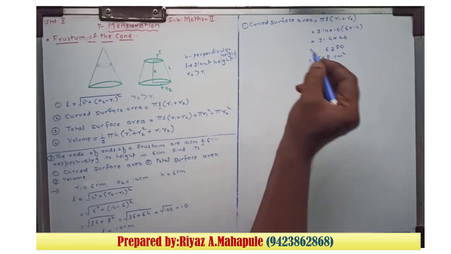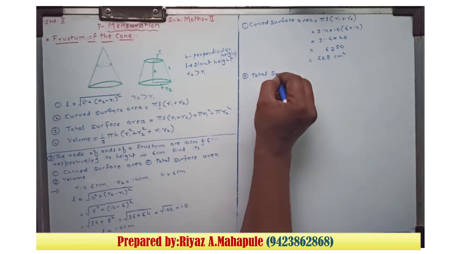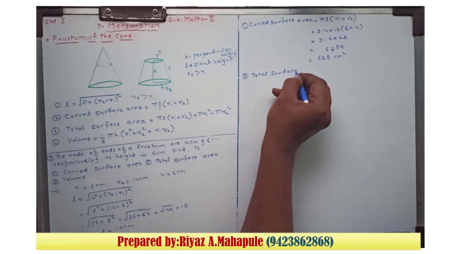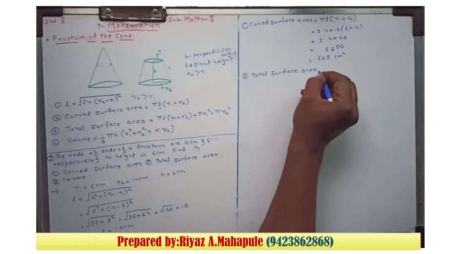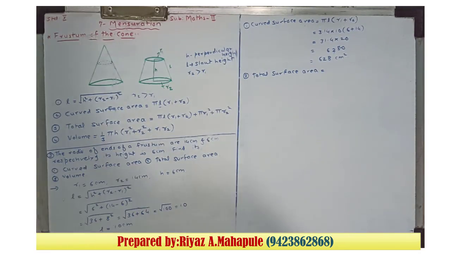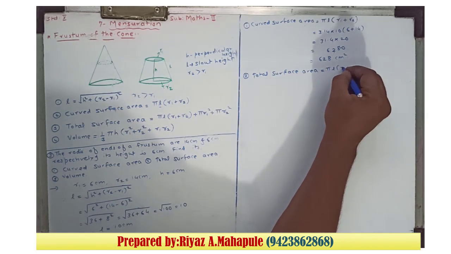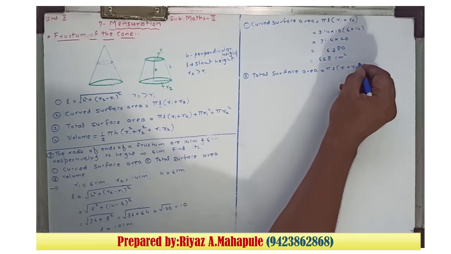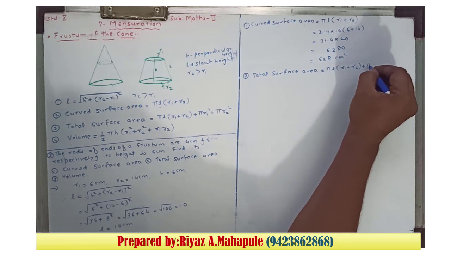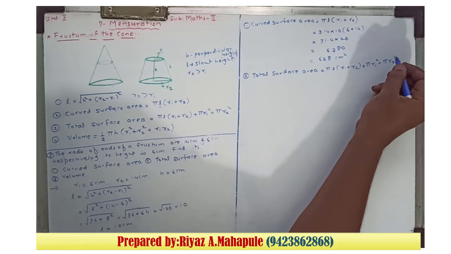Now find the total surface area. The formula is pi L (R1 plus R2) plus pi R1 square plus pi R2 square.